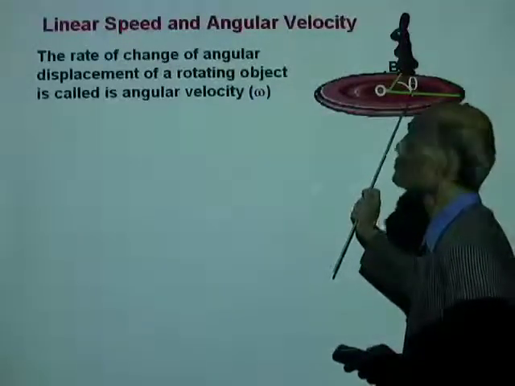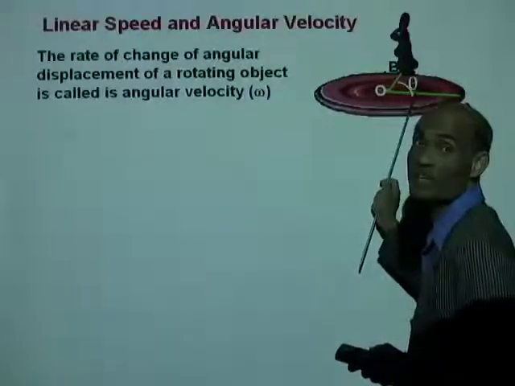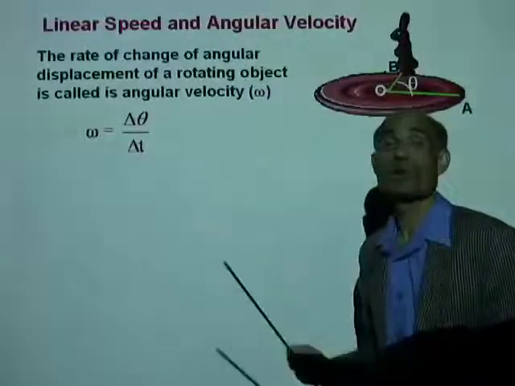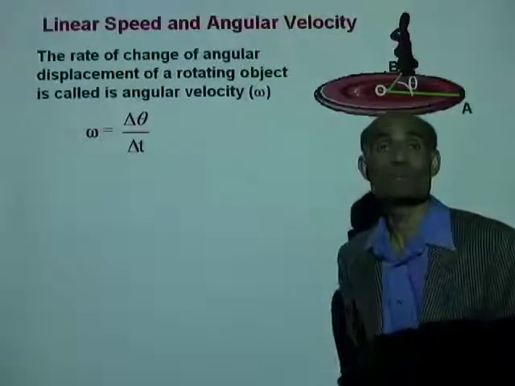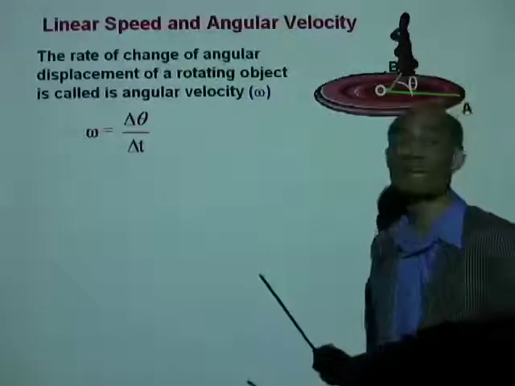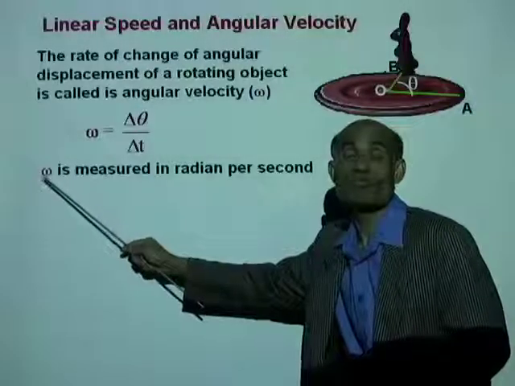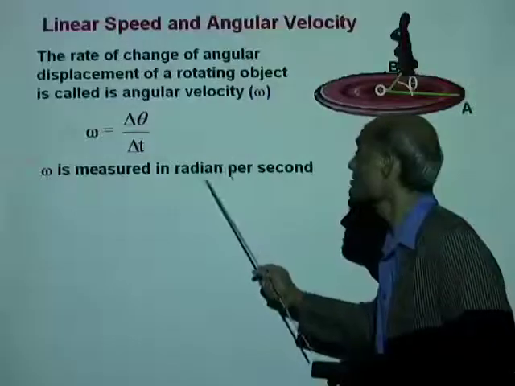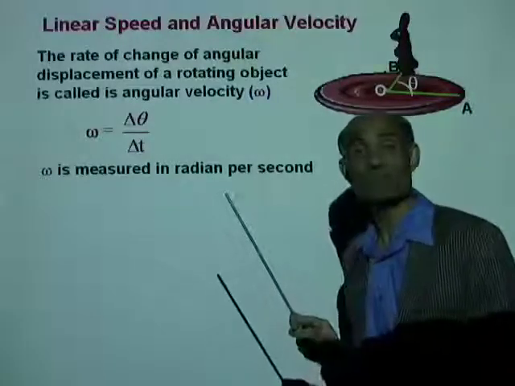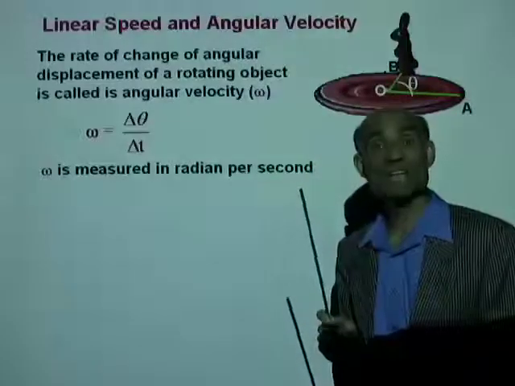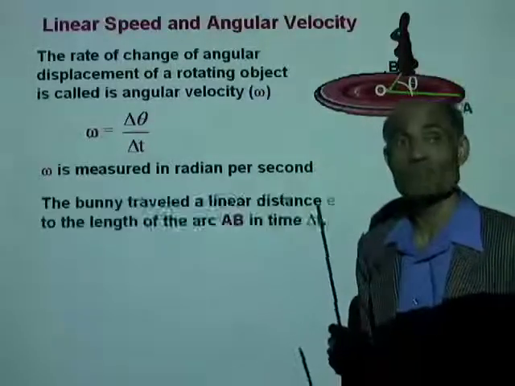The bunny described an angle theta in a time delta t. Therefore, omega equals delta theta divided by delta t. Now, what is the unit of measuring omega? It is measured in radian per second, and you also know that radian is a dimensionless quantity.